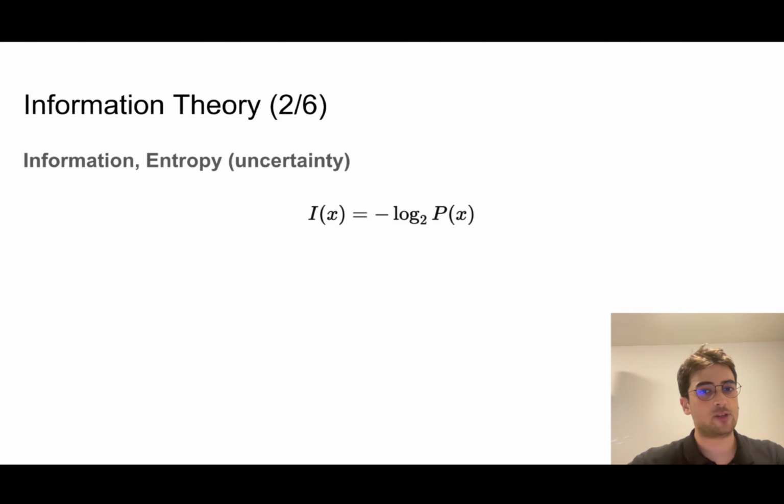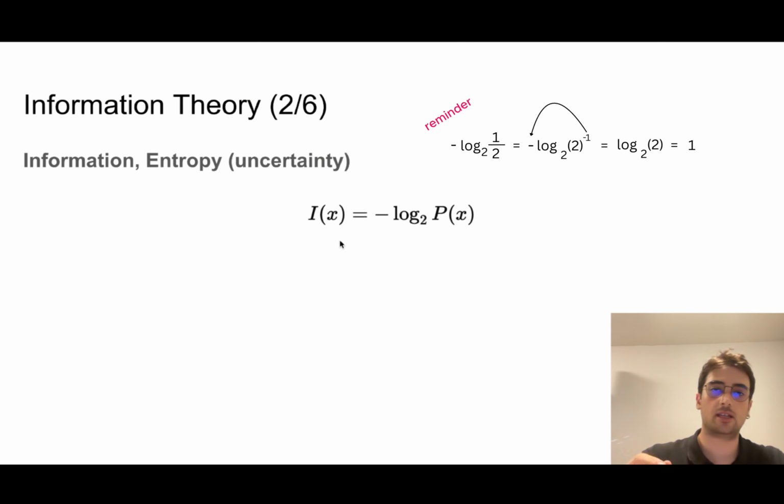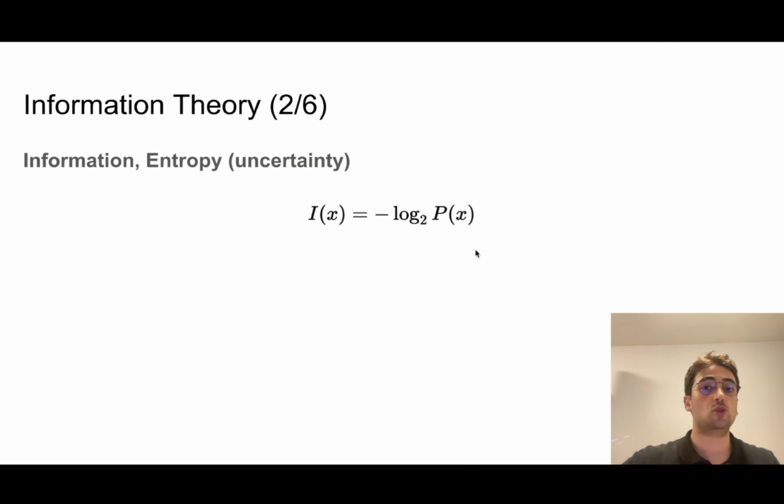So Shannon came up with this formula, and let's say it is 1/2, the first example, if you remember. So 1/2 is 2 to the power of -1, and -1 comes to the beginning. It's a property of logarithm, and the result would be 1 bit. If it is 1/4, the result would be 2 bits.